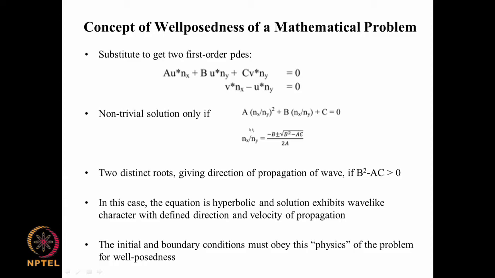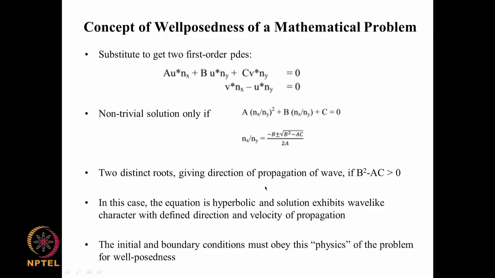So obviously two distinct roots are possible if b squared minus ac is greater than 0, and that means that when you have two distinct real roots here, you have two travelling wave type solutions possible.